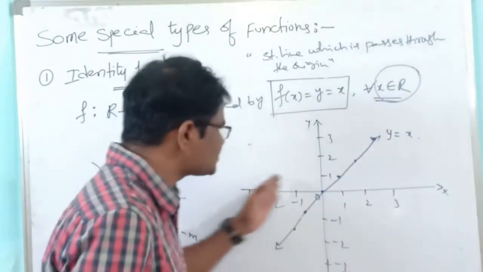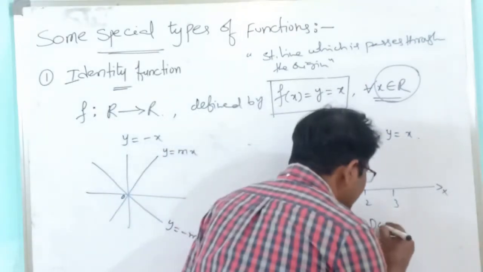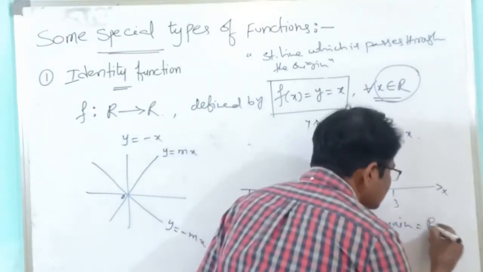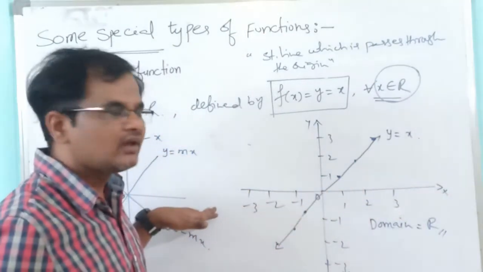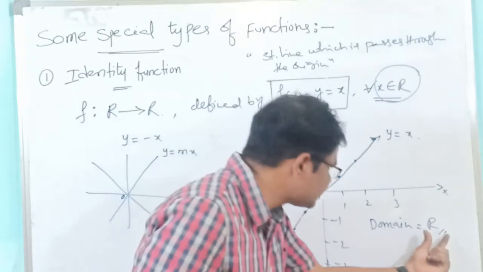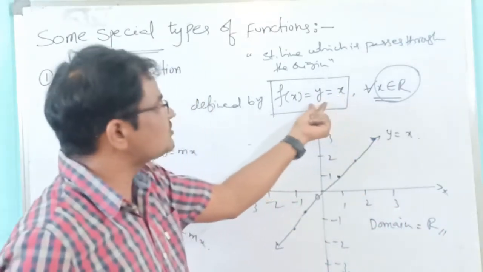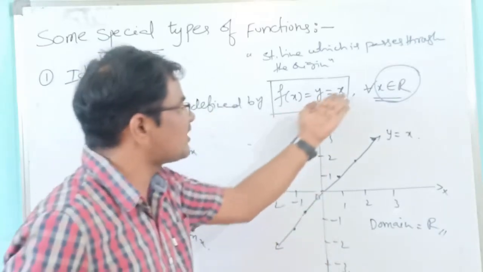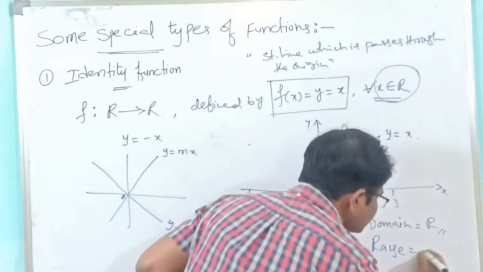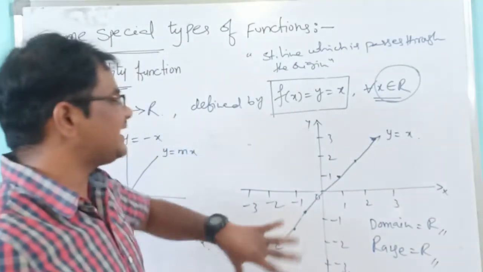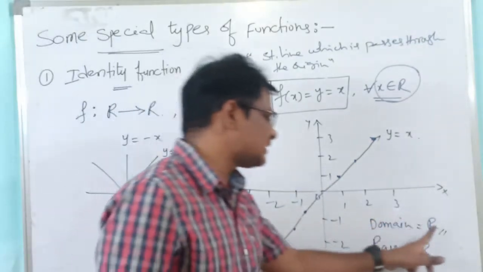Means all the x values exist here. So that's why the domain is equal to real numbers, because there is no break on the x axis. So according to these x values, if you take all the real numbers in place of x, y values also exist on the y axis, because here y equal to x only. So that's why the range is also real numbers. Means the domain and range of the identity function are real numbers.